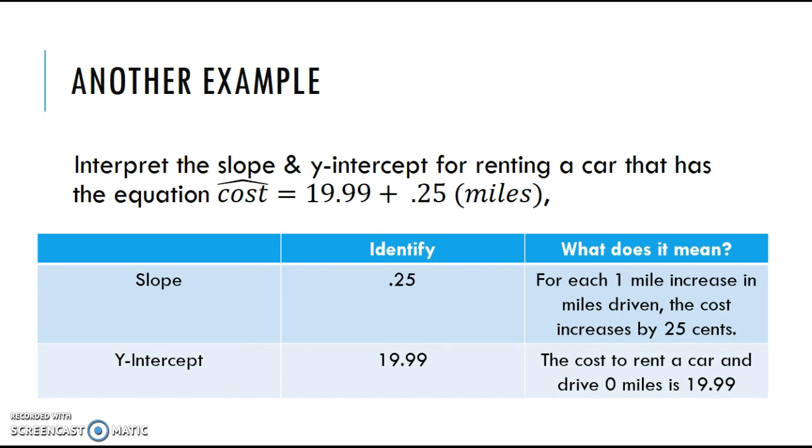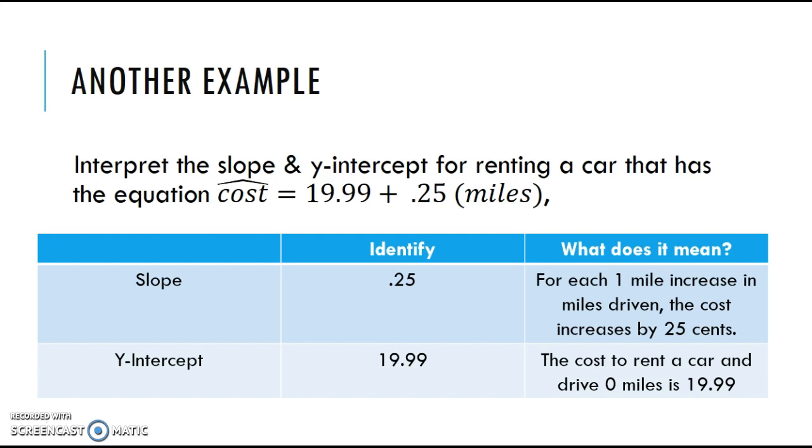First, we need to identify our slope, which is 0.25. And what that means is, and again, I'm using my phrase, for each 1 mile increase in miles driven, the cost increases by 25 cents.